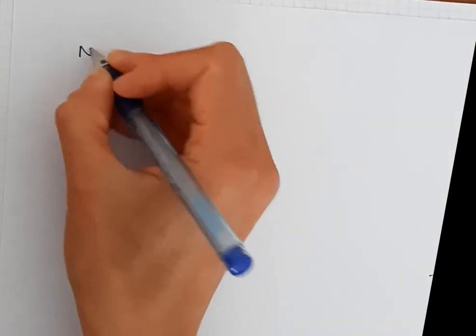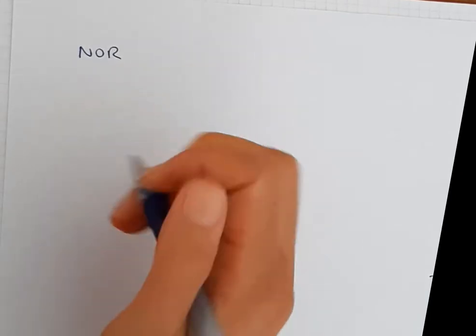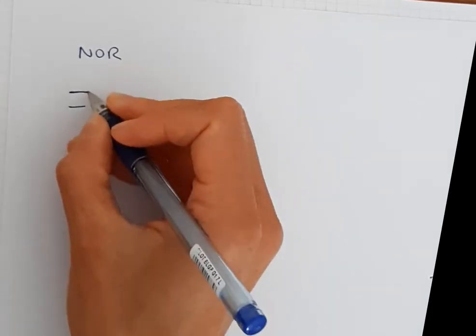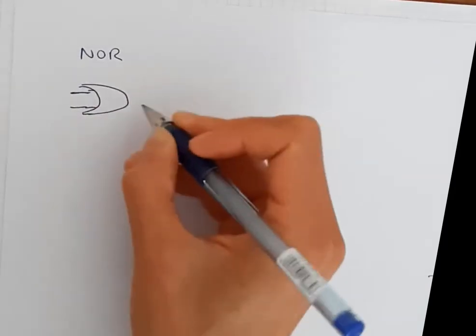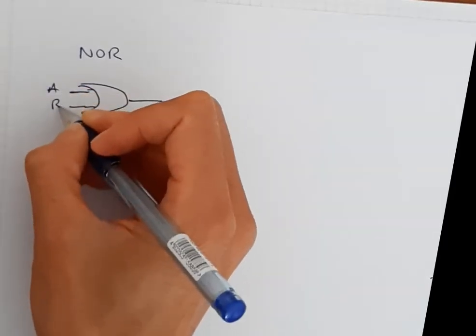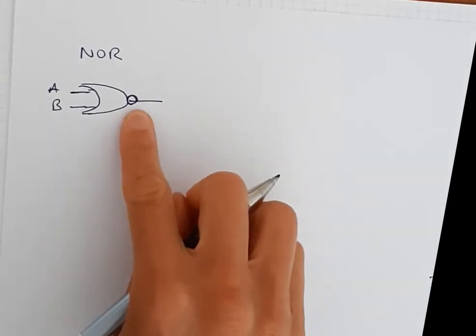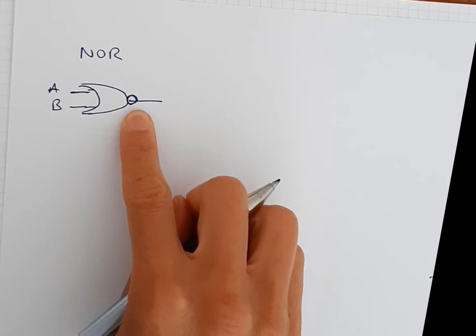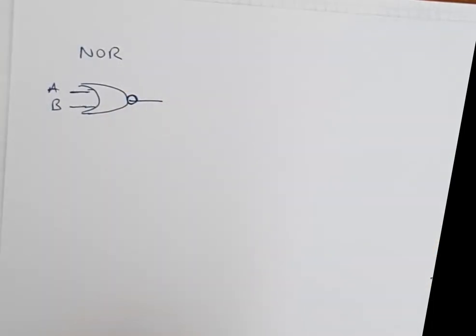then you know the name gives it away. NOR is going to be an inverted OR gate. So this is my symbol for an OR gate with my inputs A and B. But if it's a NOR, then it will have a circle on the end to show you that it's inverted. So that's the same as having an OR gate with a NOT afterwards.